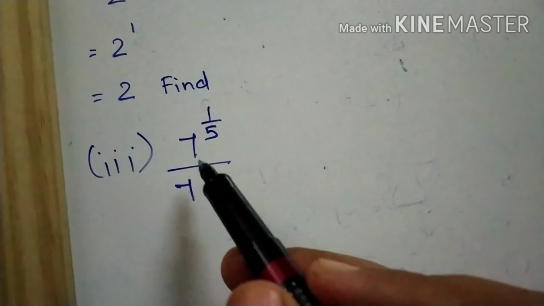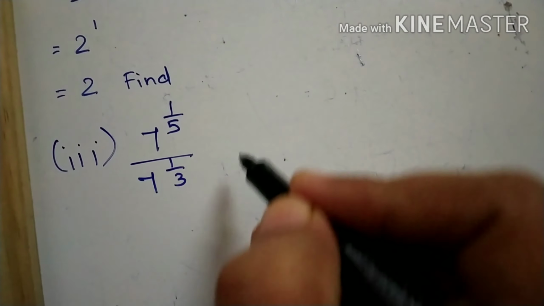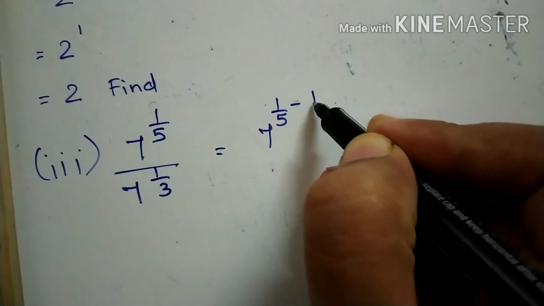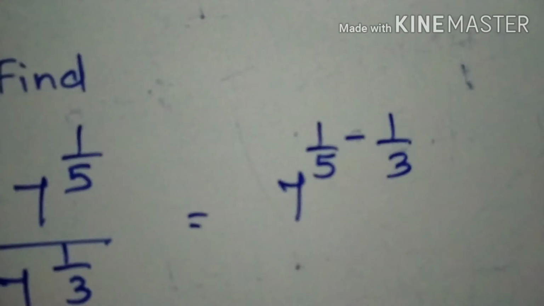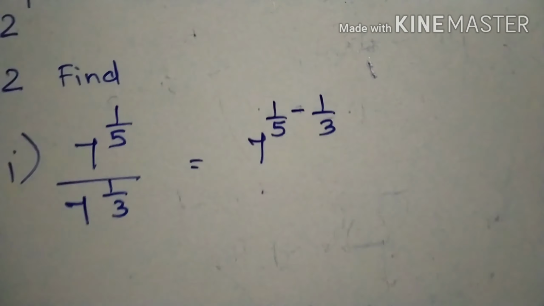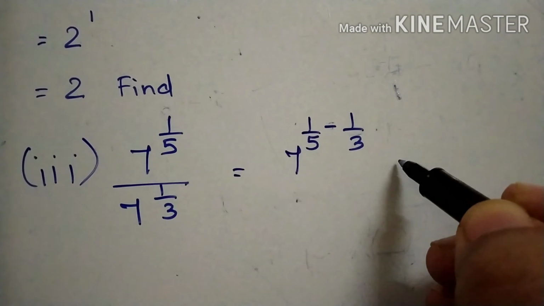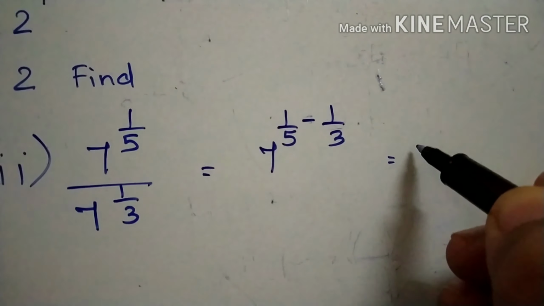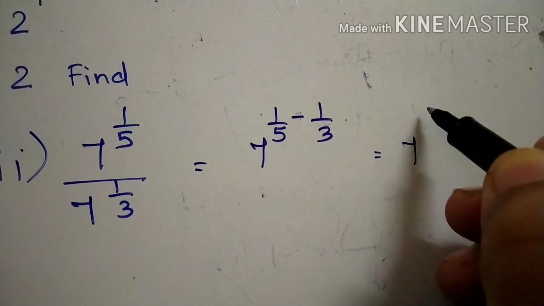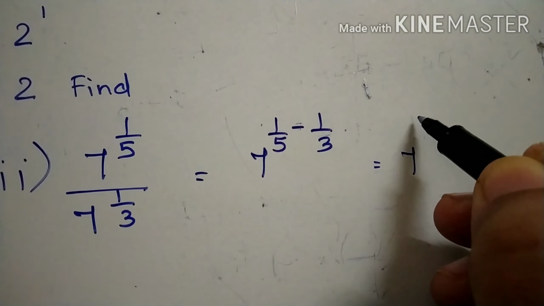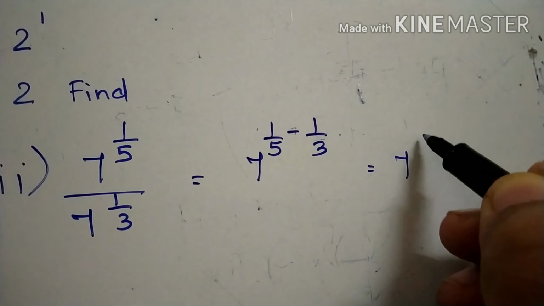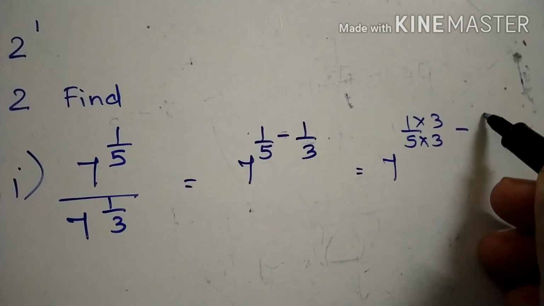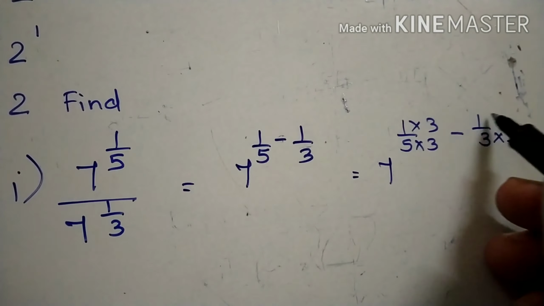When it is division and the base is the same, what will we do? That is 7 raised to 1 by 5 minus 1 by 3. Now here the denominators are not the same, so we will find the LCM first. The LCM will be 15. So 7 raised to, here we will multiply the opposite numbers together. So 1 upon 5 into 3, into 3, minus 1 upon 3 into 5, into 5.